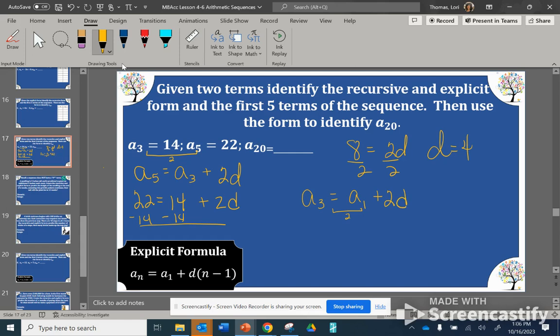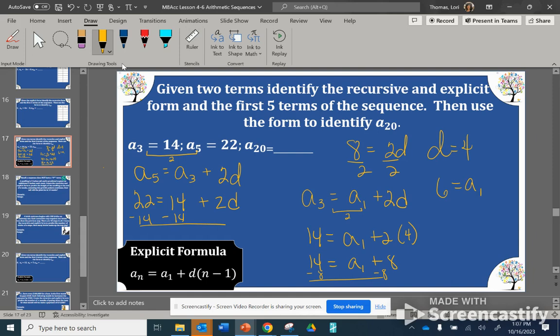Now let's plug in what we know. We know A sub 3 is 14. We do not know what our first term is, but we do now know that the common difference is 4. So we have 14 equals A sub 1 plus 8, and now we can isolate the A sub 1 to know what our first term is. So the first term in the sequence is 6.